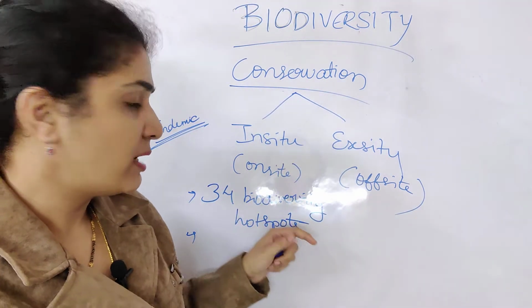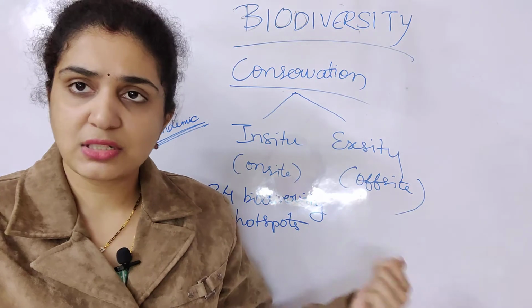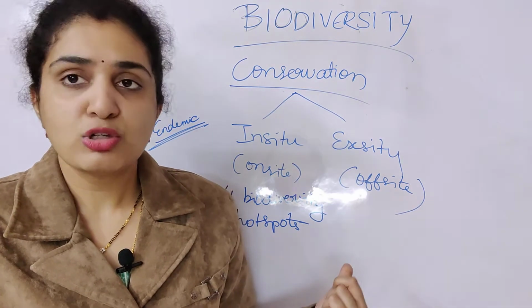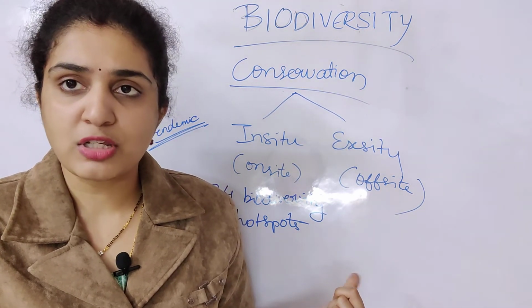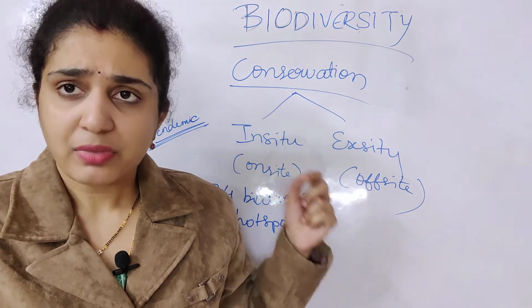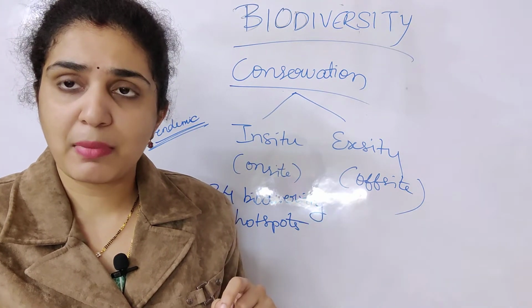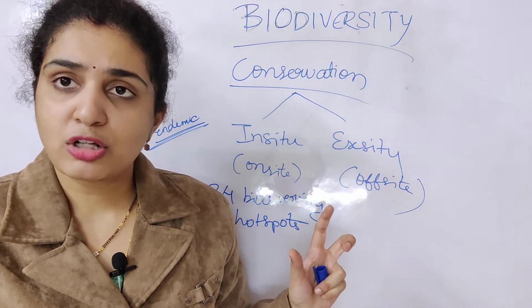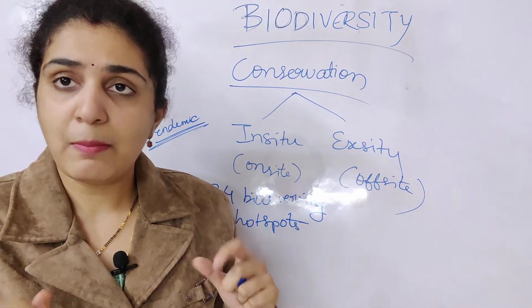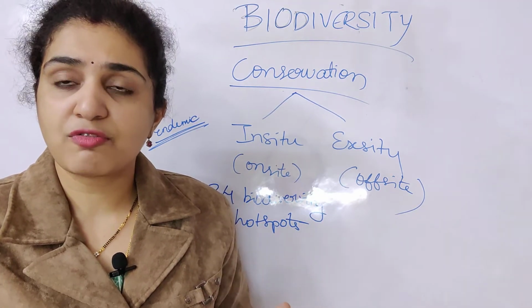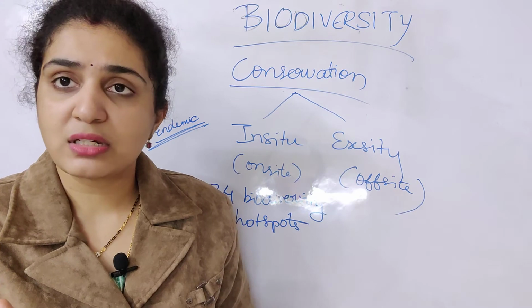So basically you see about 34 biodiversity hotspots. The important thing to remember is that in these hotspots, like the Western Ghats or Himalayas, more species are found and they are going to get extinct.